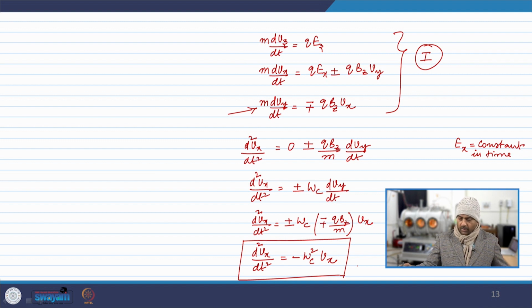Let us see the other equation. What have we done so far? We have taken a time derivative of, let's say this is A, B, C, Roman 1 B, right.